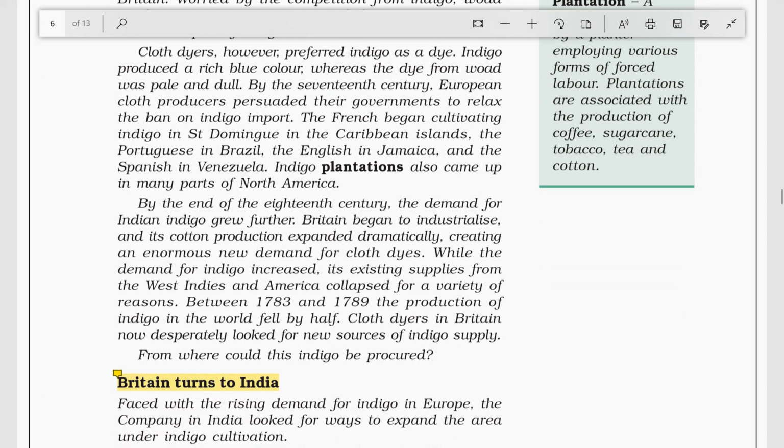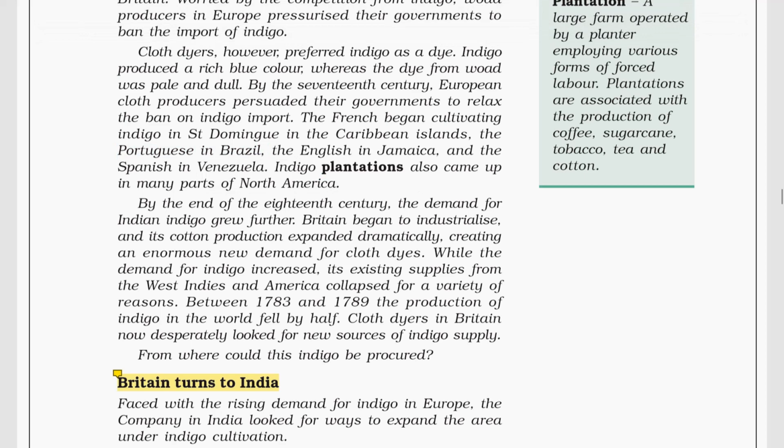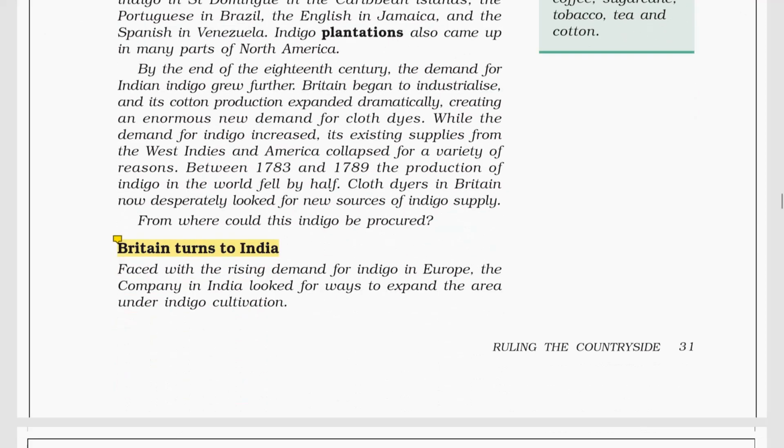Now see, here they have given you who was cultivating the indigo in which area. Like the French began cultivating indigo in Saint Domingue in the Caribbean island, and the Portuguese in Brazil, the English in Jamaica, and Spanish in Venezuela. So the indigo plantation came in many parts of North America.